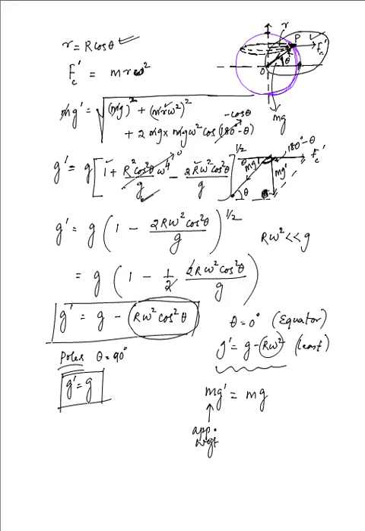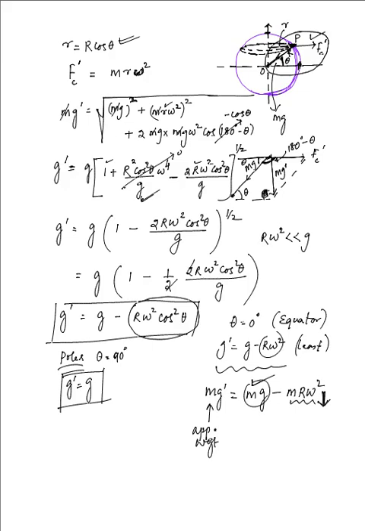So this is the actual weight without the rotation, and this, if you observe it closely, is the value of the centrifugal force, which is the maximum at the equator owing to the complete radius R of the earth. So in that case, you have the weight going down by the maximum centrifugal force due to the maximum distance from the center of the earth.